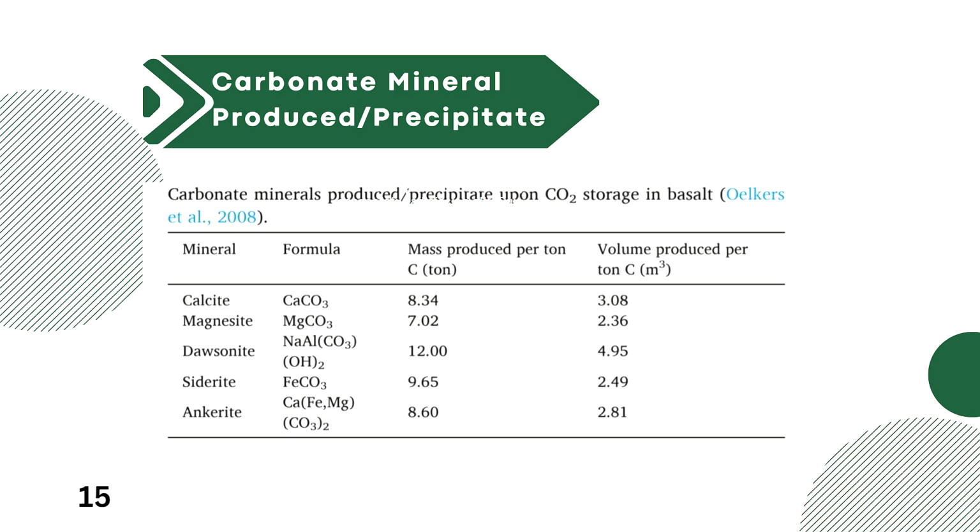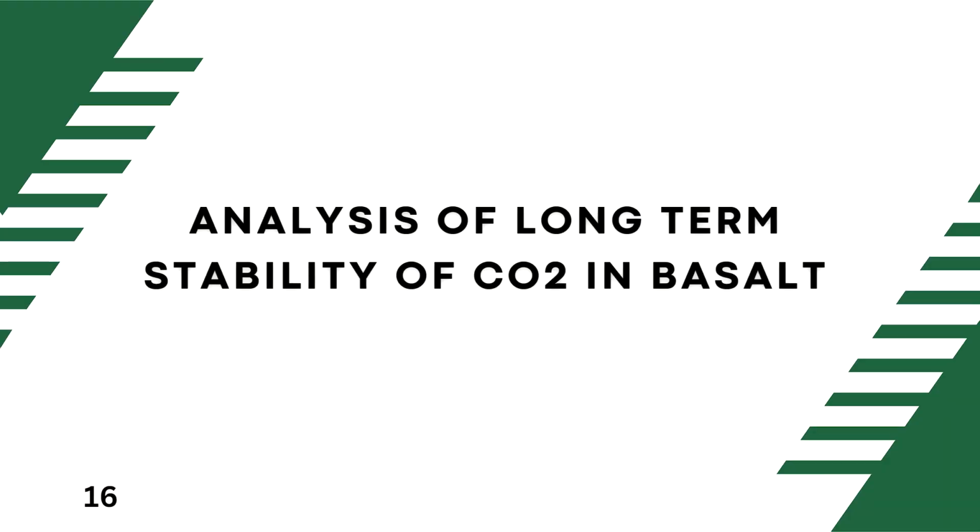So we can recap that it may be the best mineral involved in CO2 injection into basalt formation. This is included in our kinetics mechanism of CO2 in basalt formation. So I will pass my presentation to the next presenter.